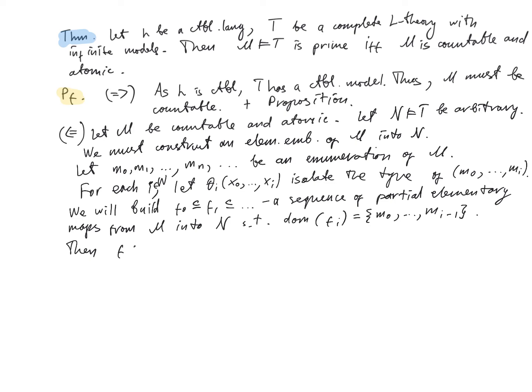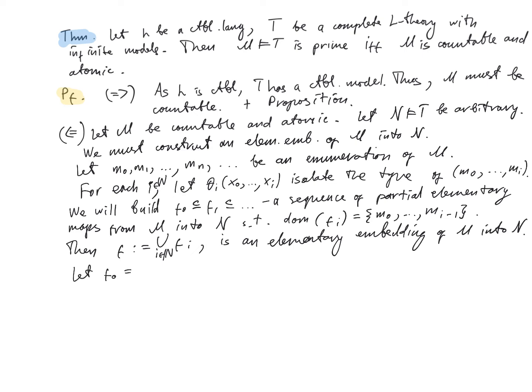Then, if we take F to be the union of these maps, we see that F is an elementary embedding of M into N.